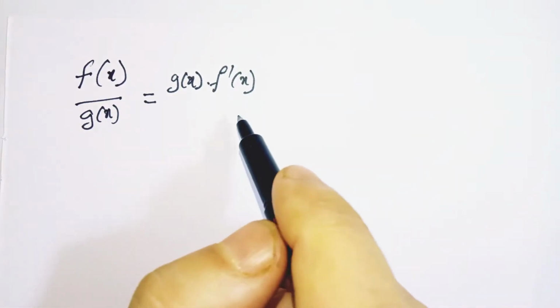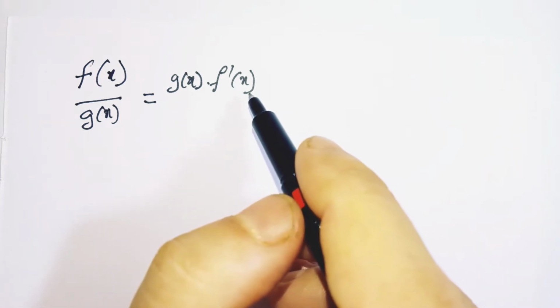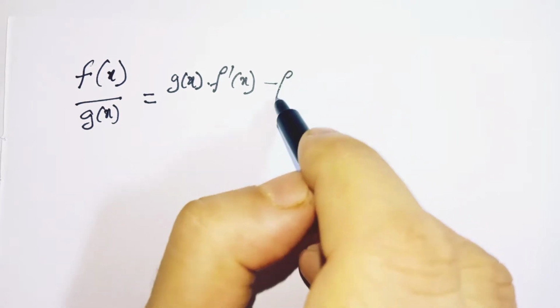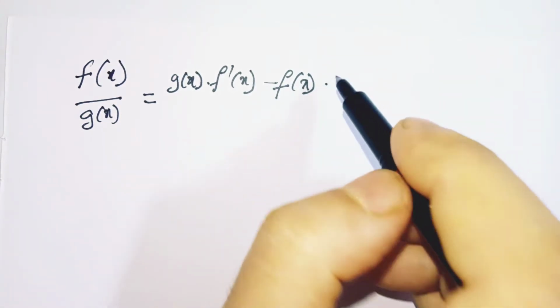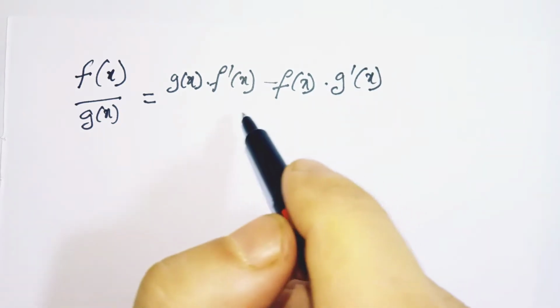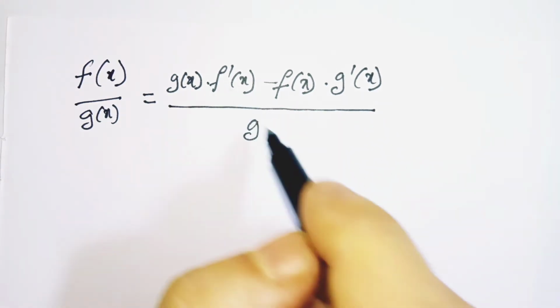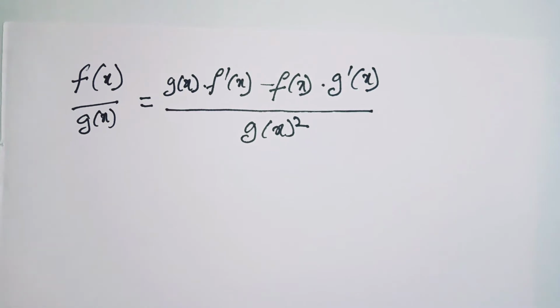We are using this prime notation, otherwise using the Leibniz notation for dy by dx would be too long, minus f of x. Similarly, you can just swap, it would be g prime of x, and this would be whole divided by g of x squared. So this is what the quotient rule is all about.